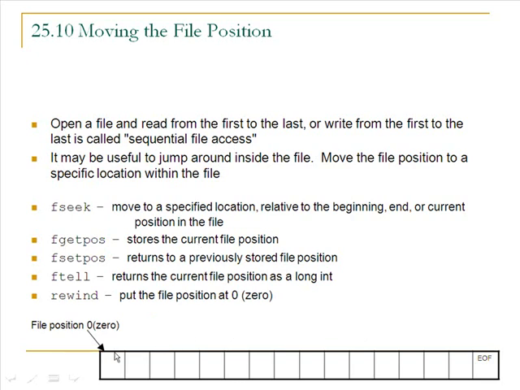So if you read the first bytes and then the next bytes and then the next bytes in sequence all the way through the file, then this is sequential file access. If you want to jump around in the file and do random access, then we have these functions available. So fseek will move the file position to a specific place in the file, and you can seek to a specific byte in the file.